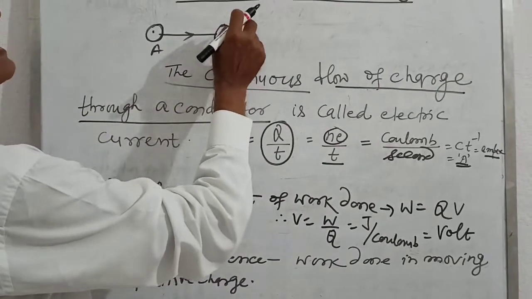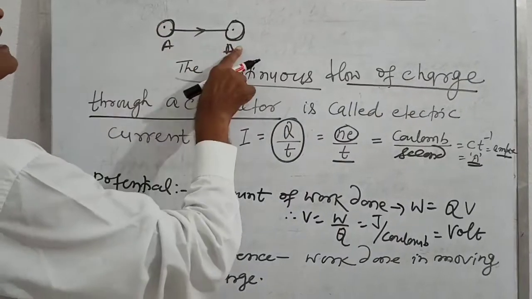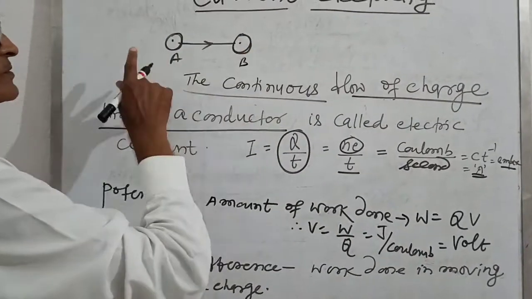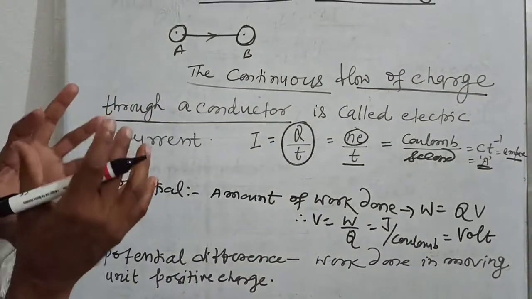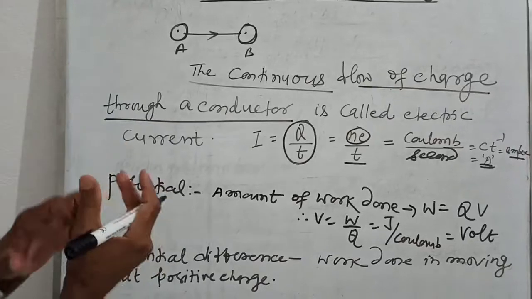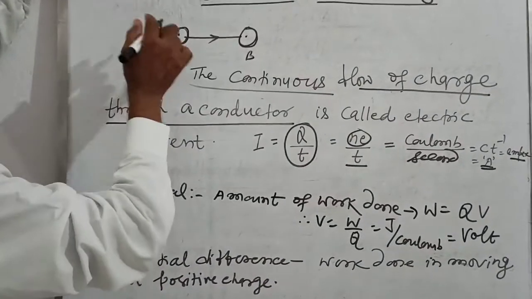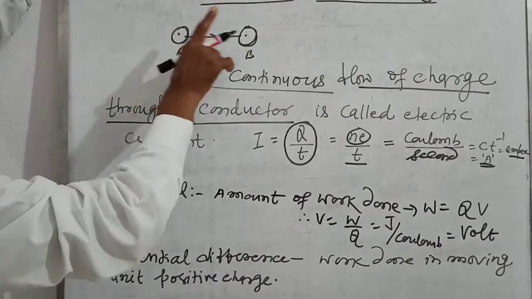If B is at higher potential and A at lower electrical state, then current will flow from B to A. So that decides the electrical state of a particular conducting body, charged body, maybe a non-conducting body as well.